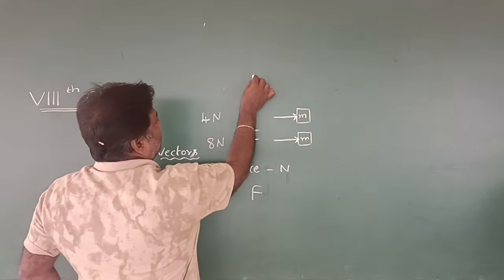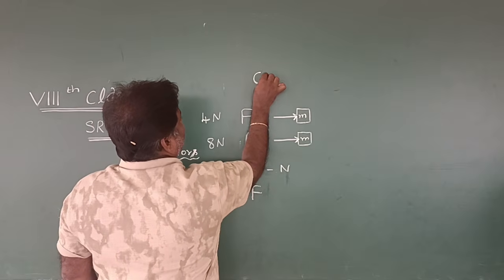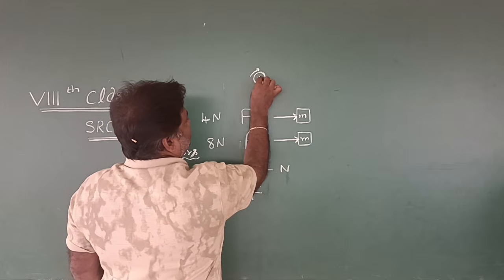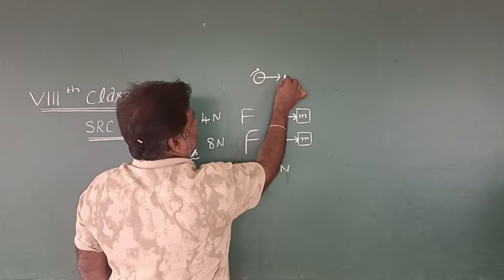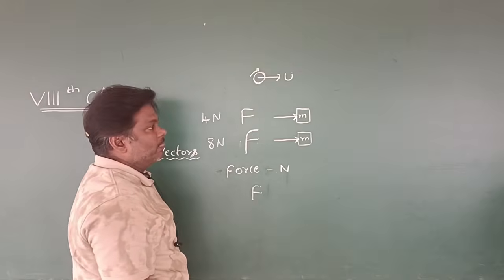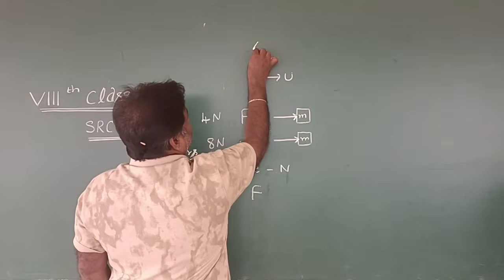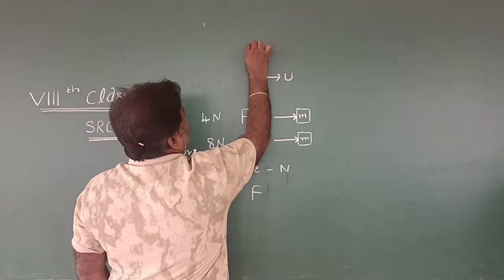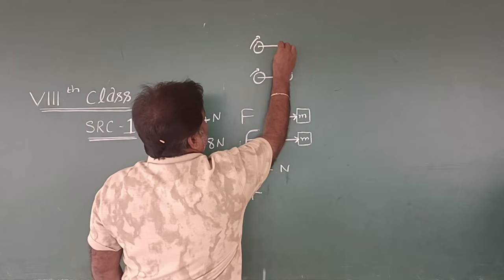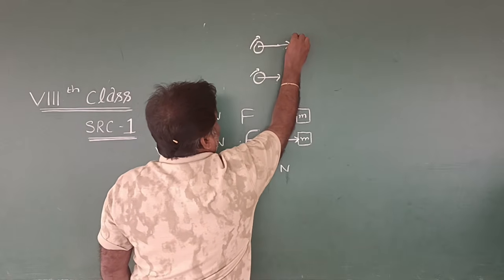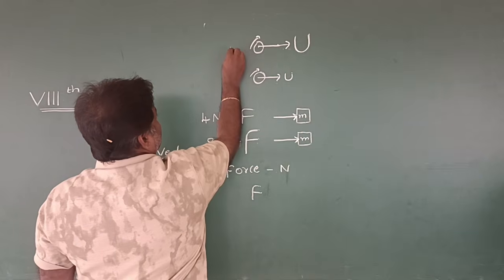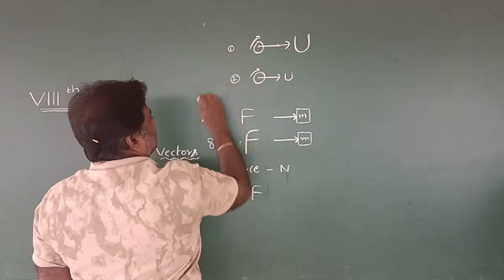Suppose I have a vehicle, I have a wheel here, and I am pushing it. It is moving towards right side with velocity u, and the same wheel, and I am pushing with a force. It is moving with the u. Observe this. So, which wheel is it, this one or this one?